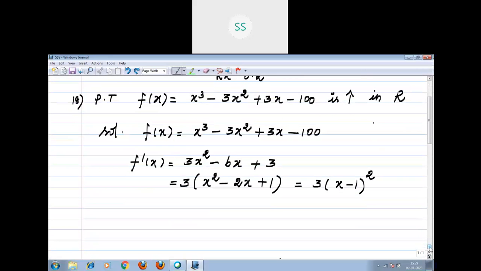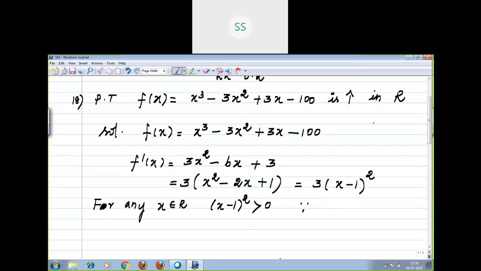Now what you want to write: for any x belongs to R, x minus 1 the whole square is greater than or equal to 0, since it is a perfect square.